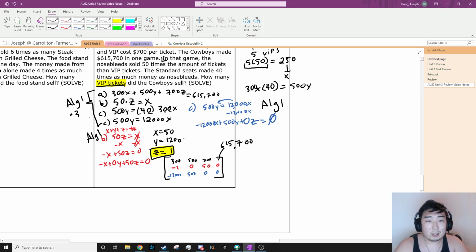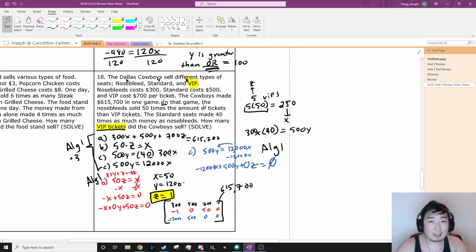So really this problem is algebra 1, but the fact that we're doing X, Y, and Z, 3 variables, is algebra 2. And you right now are in algebra 2. So that's why we give you this problem. Expect a question not exactly like this, but very similar to this on your test.